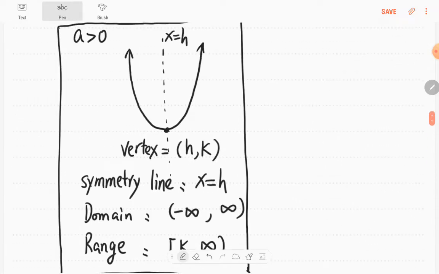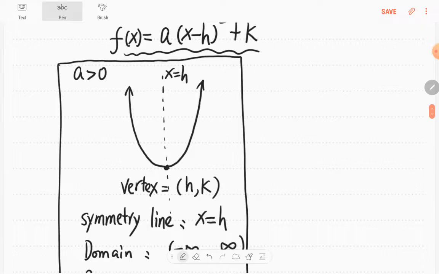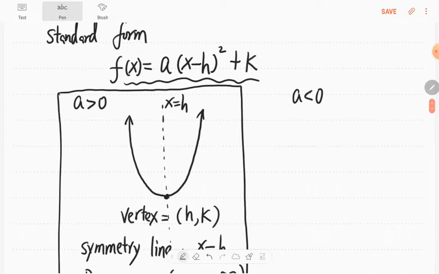Now let's look at a less than 0. A cannot be 0, we assume that. Otherwise, it's not a quadratic function. For a less than 0, the graph will look like this one. In other words, the parabola will open down.